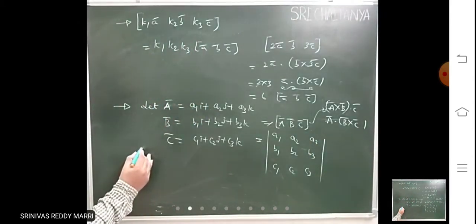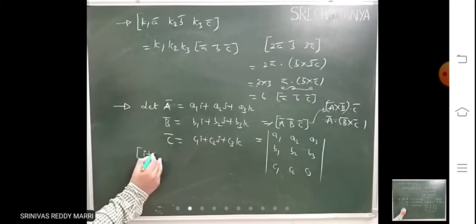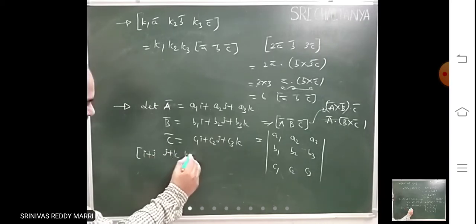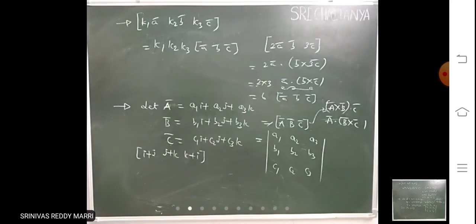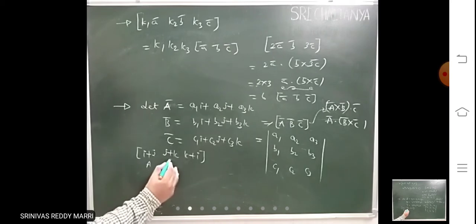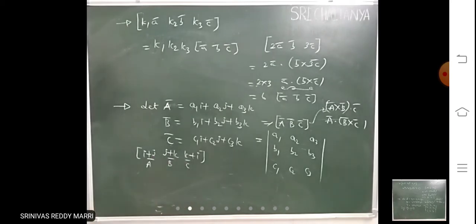Right? Suppose we take one example: i plus j, j plus k, k plus i. Take this as A bar, this as B bar, this as C bar. Box of A bar, B bar, C bar is nothing but the determinant: the first vector is 1, 1, 0 in the first row, the second vector is 0, 1, 1, and the third vector is 1, 0, 1.